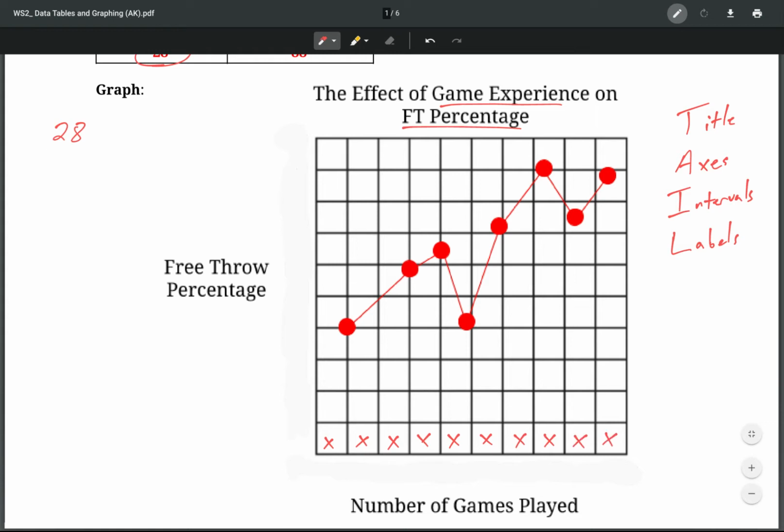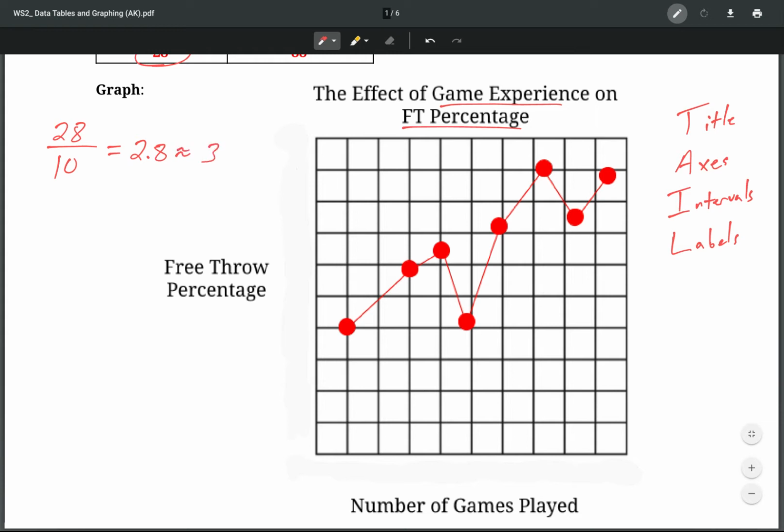So there are 10 spaces, meaning we can take this maximum number that we need to go on that axis and divide it by the number of spaces, which is 10. Then we get 2.8. And 2.8 isn't a very even number to count up by and find multiples of. So instead, what we're going to do is round that up to an even 3.